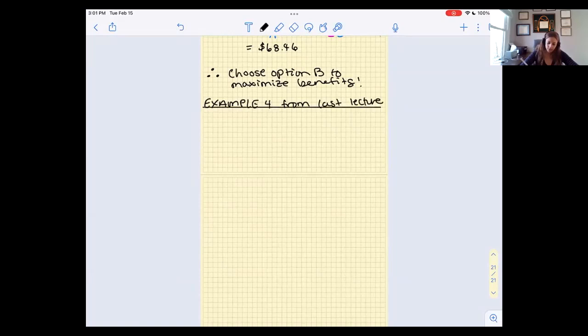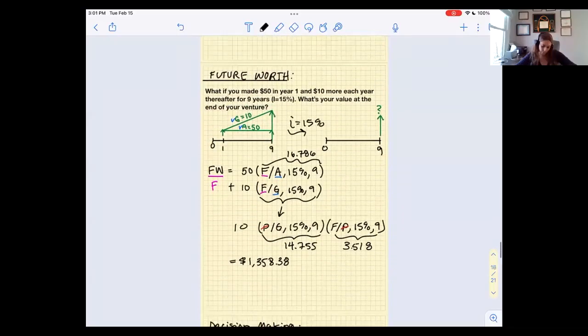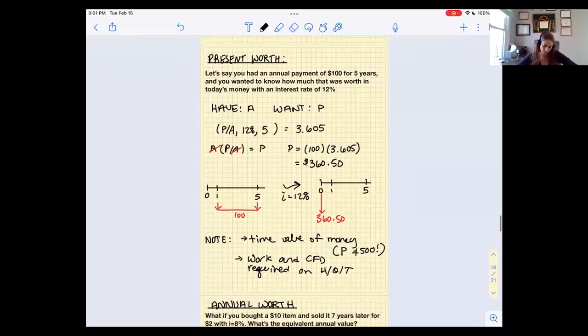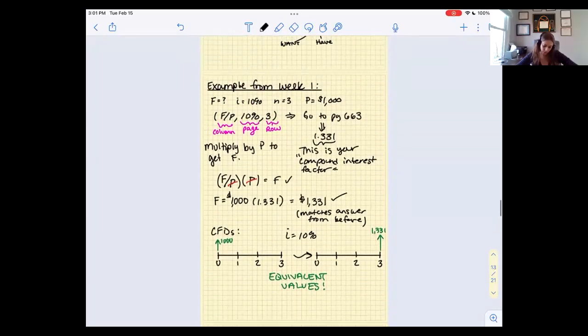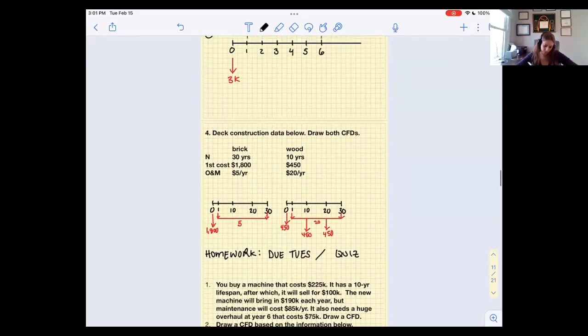And remember, I didn't give you an I because we were just drawing the cash flow diagram. So in this case, I'll give you an I of 2%. So you should have this in your notes, but I will at least copy over the cash flow diagrams that we drew.